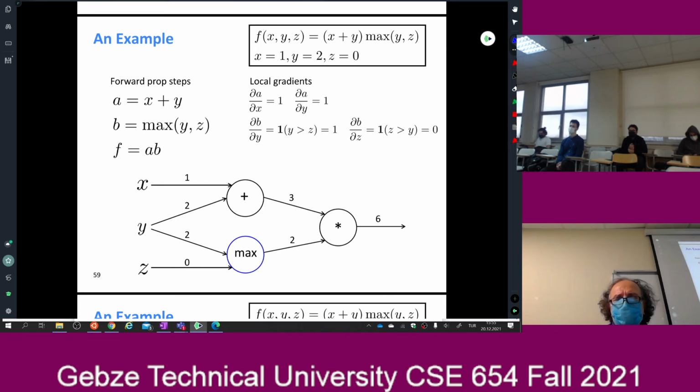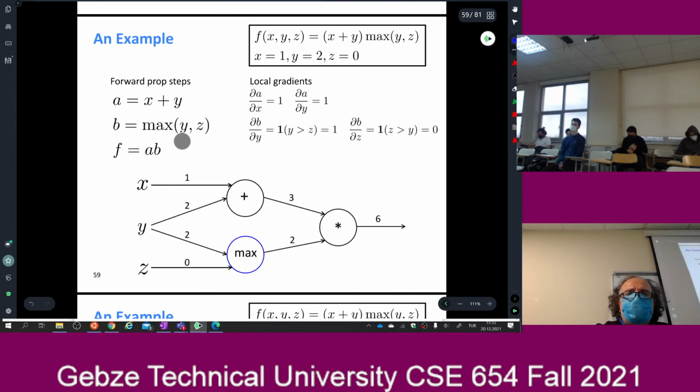In this case, I know that y is 2 and z is 0, so the derivative of b with respect to y is going to be 1, and the derivative of b with respect to z is going to be 0, because I know these values. Okay, so I have calculated them.